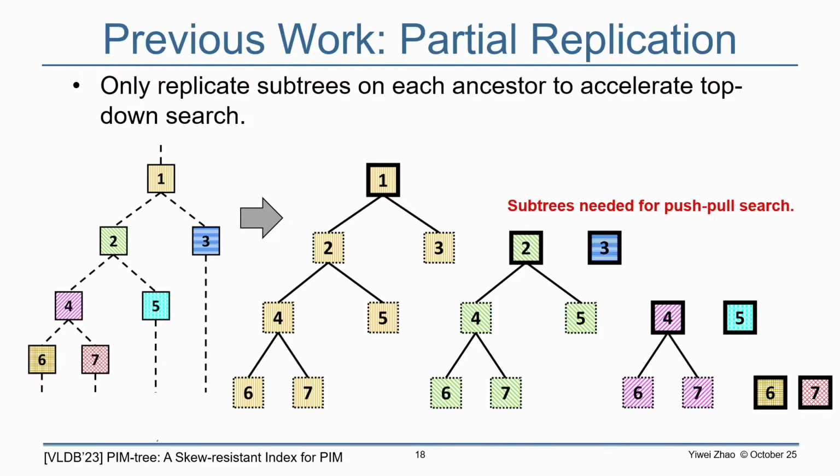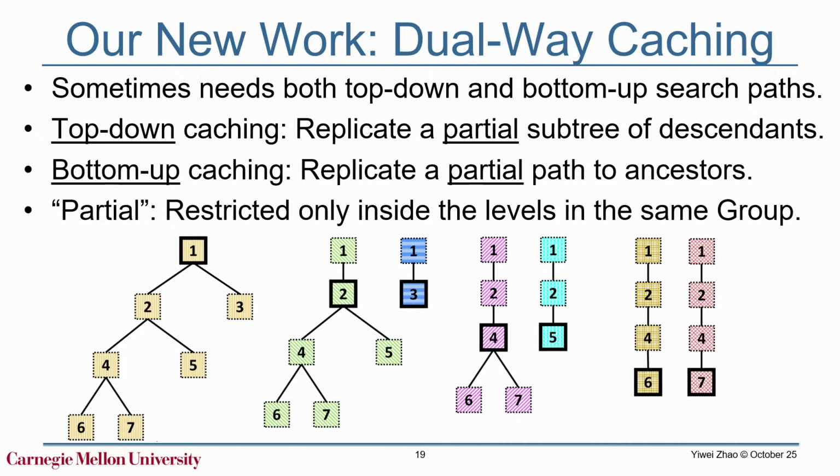So what we did is a dual-way caching, where not only do we replicate the descendant subtree, we also replicate a path from this node to its ancestor in the same group. In such a way, we can support both top-down searches and bottom-up searches starting from any of the internal nodes, whether up or down.